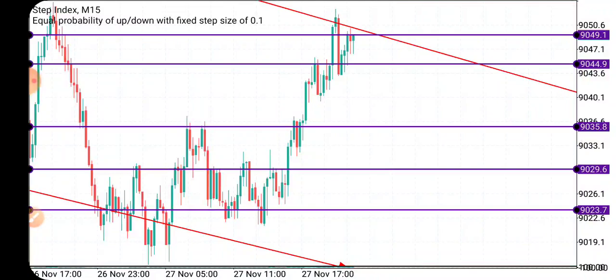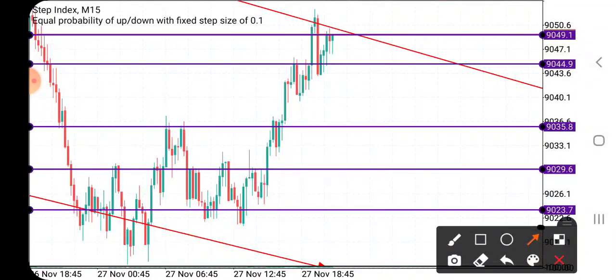All right, so currently you can see the price gets to the resistance up there, and pulls back to this support, retests this support, and the price is going up again.